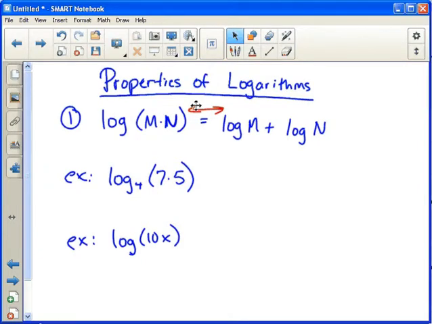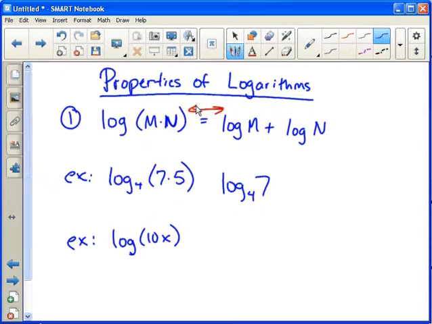So in our first example here, we have log base 4 of 7 times 5. So that will give us log base 4 of 7 plus log base 4 of 5. So you can take what's multiplied inside of a log and change it into two logs being added together.